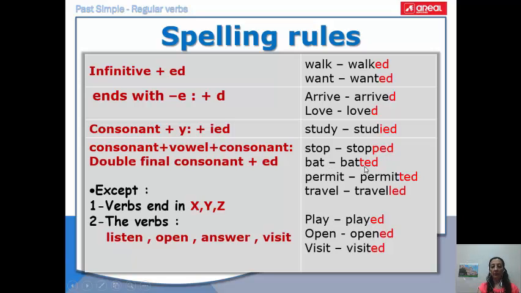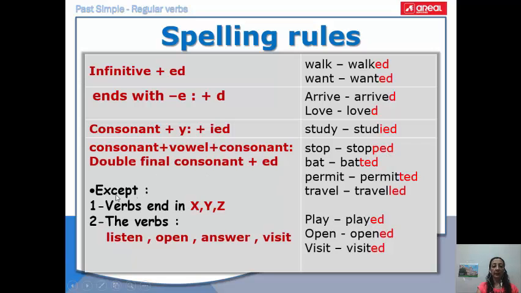Bat, bathed. Permit, permitted. Travel, traveled. Okay, so we look at the last three letters of the verb, and when we find CVC letters, we put another letter at the end of the verb, then put ed.